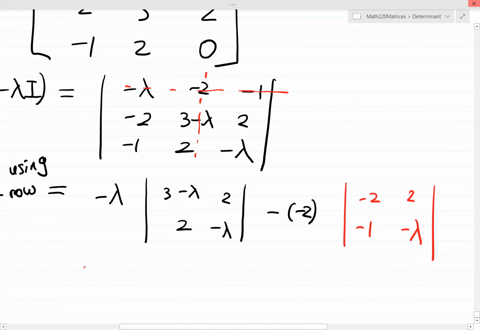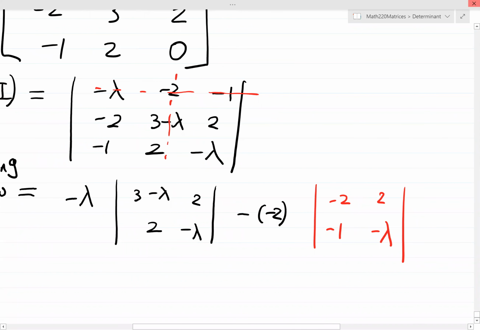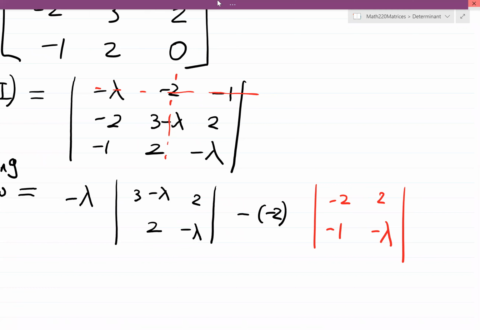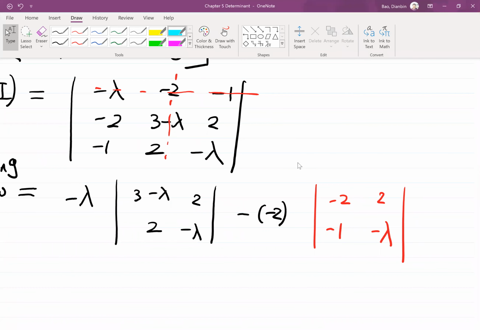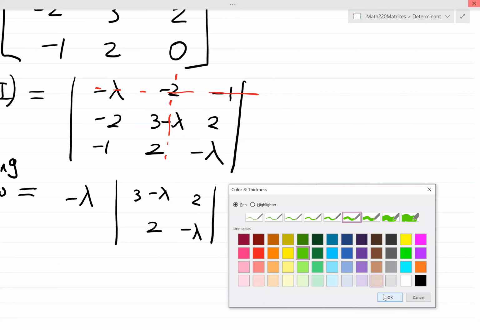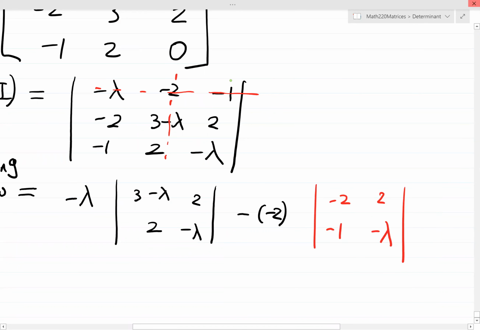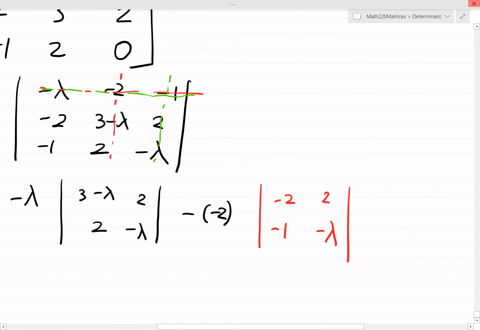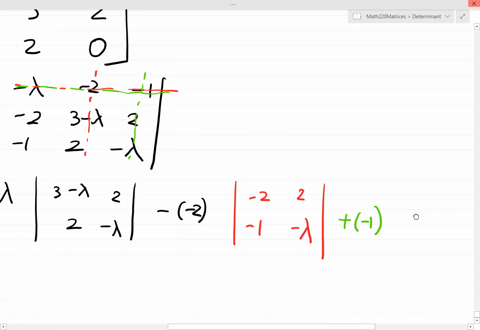Now for the third entry -1, let's use green. We delete the third column and the first row, so it's plus -1 times what remains: -2, 2, 3 minus lambda, -1.